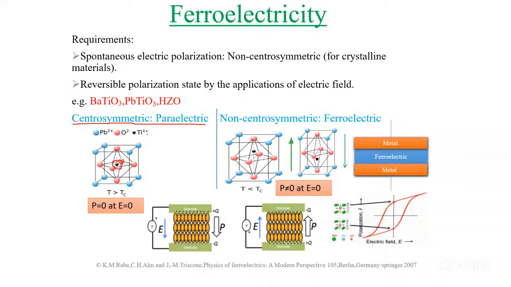And in the non-centrosymmetric structures, this atom is either up or down from the center. And that's where the ferroelectric property comes from, where the polarization is non-zero at E equals 0 because of either up or down polarization of the dipole.